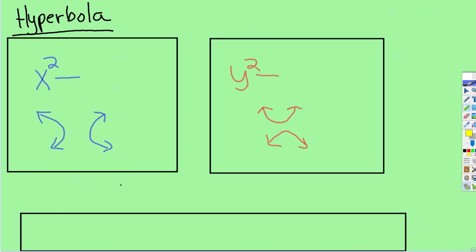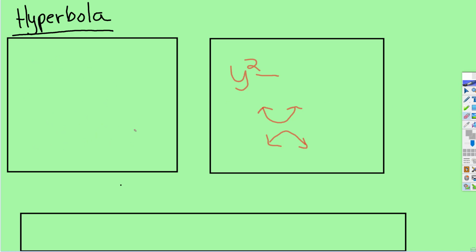And then finally, the hyperbola, when you have an x squared subtract a y squared, and there will be an a squared and a b squared, and that will equal 1. When it is x squared subtract a y squared, the hyperbola will be facing, the opening will be towards the x-axis.